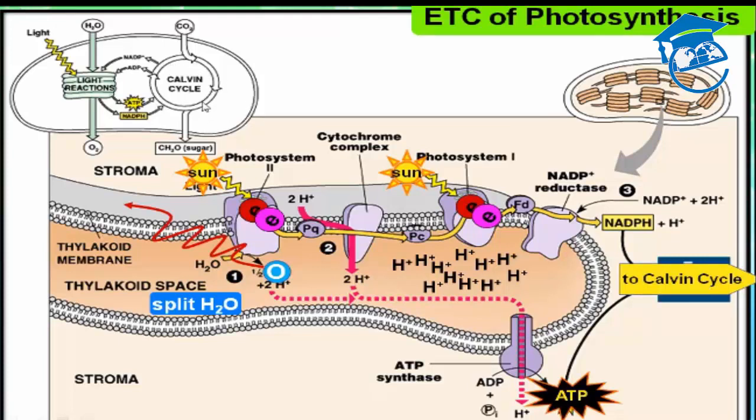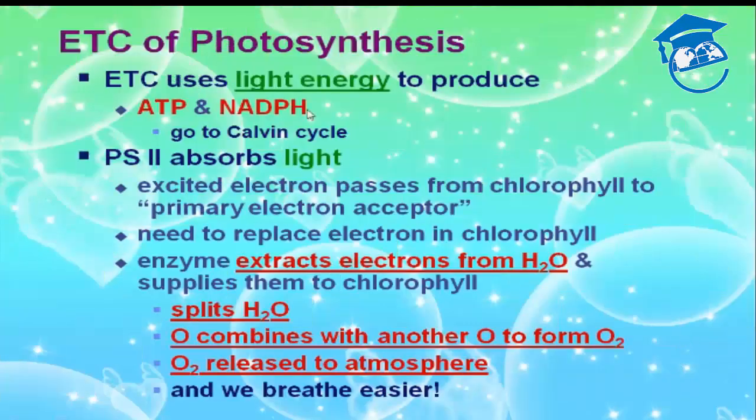This is the Calvin cycle, that is your dark phase. It is a phase of photosynthesis that doesn't require light. So this is the ETS that uses light energy to produce ATP and NADPH that go to the Calvin cycle. ATP is produced by PS2 and NADPH is produced by PS1. PS2 absorbs light.